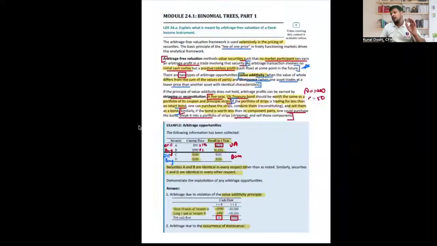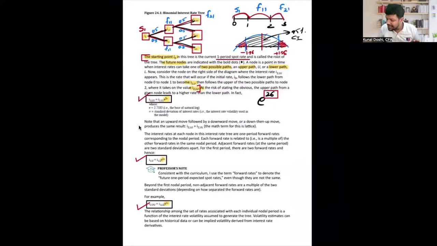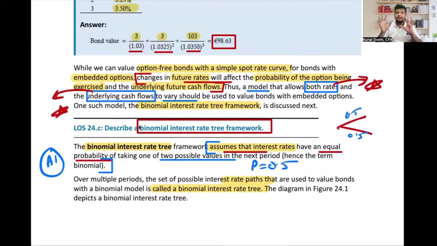Correct? Now, more than this, the important thing is the binomial interest rate tree concept, which is about bootstrapping. Here we are going to derive the interest rates and the value of the bond using the concept of binomial pricing. Here nodes are very important.